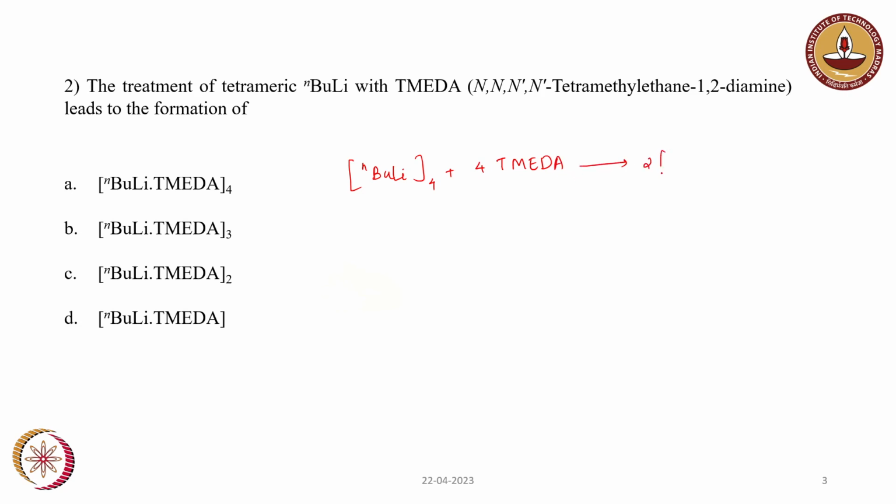It will give butyl lithium TMEDA as a dimer, and the structure is such that two lithiums will be bridged with n-butyl groups.